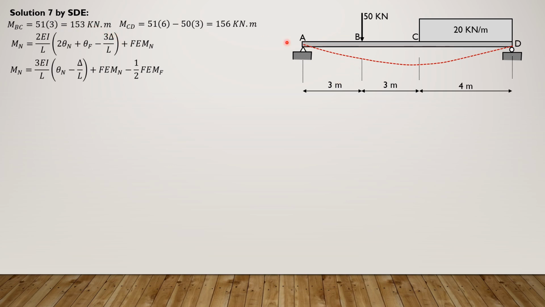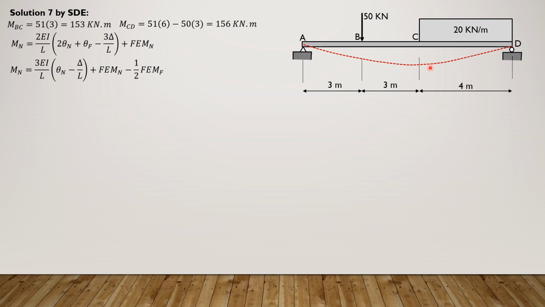So if the chord on the elastic curve rotates clockwise, just like A to B, because the deflected shape would be this one, so B will be here, the chord rotates clockwise, so that's treated positive, but actually delta should be negative in the final answer.